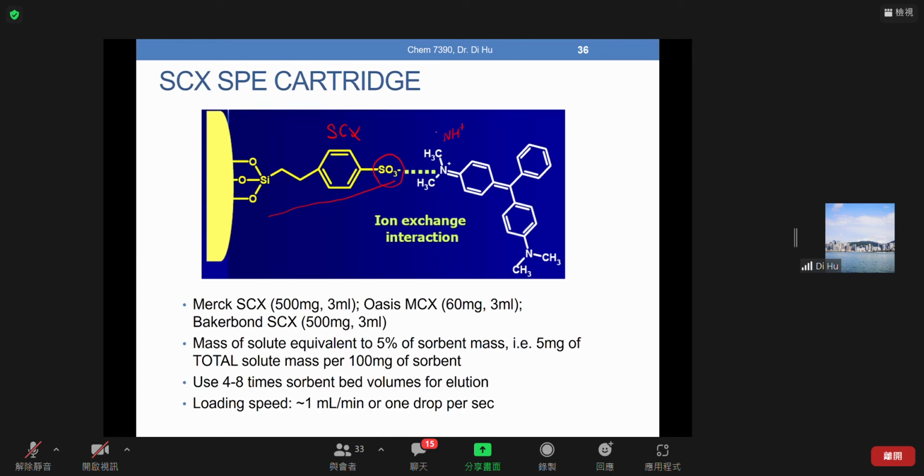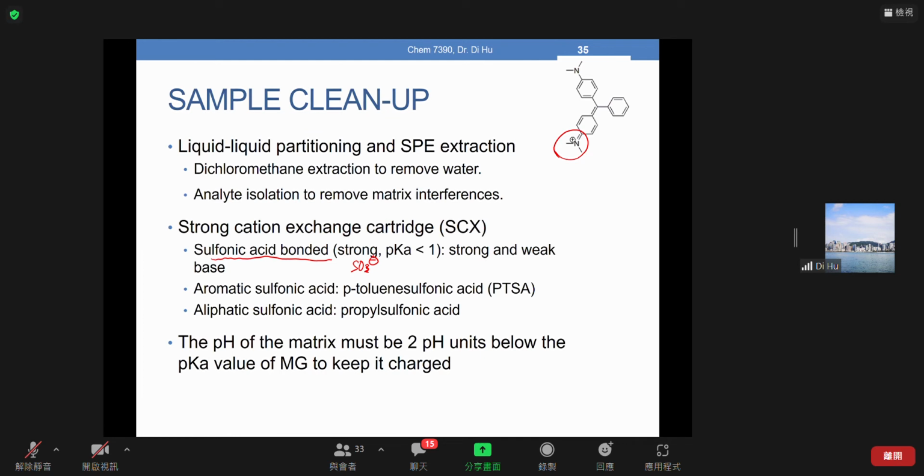It can be retained by ionic, electrostatic interaction. So you have to make the analyte charged to be retained.